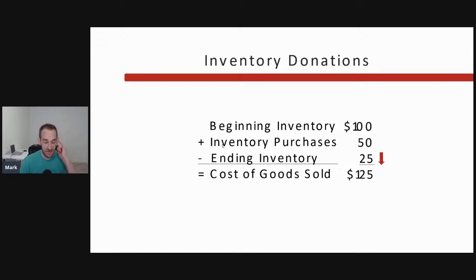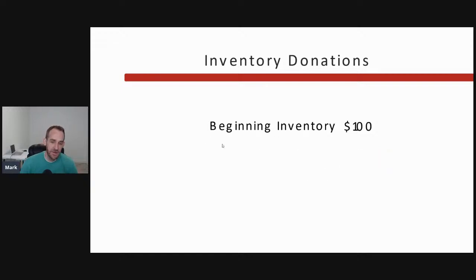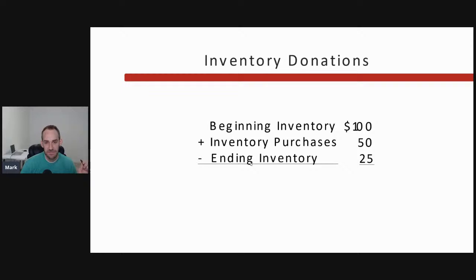And here's how the formula works. Let's say you have a beginning inventory of 100, purchases of 150. So now you have 150 of inventory, and then your ending inventory is 25. So the difference between the 150 and the 25 is going to be your cost of goods sold. And so the lower your ending inventory goes, the higher your cost of goods sold will be, just based on the formula.